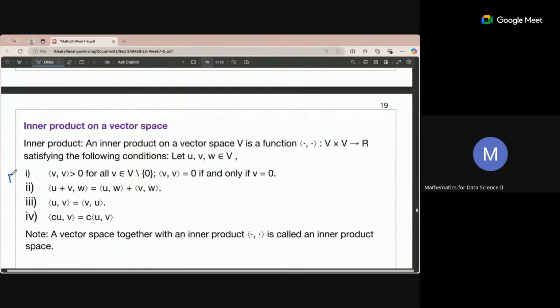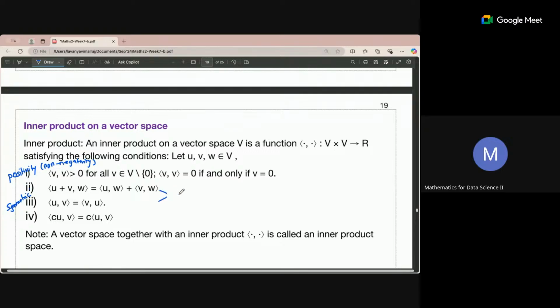The first one we can call positivity, or sometimes non-negativity, because there is the possibility of 0. These two are the linearity properties, in the first variable. And the last property is the symmetric property, where the positions are interchanged, so take care.